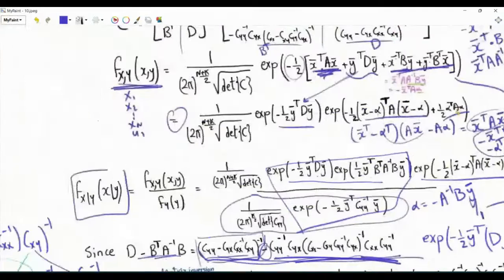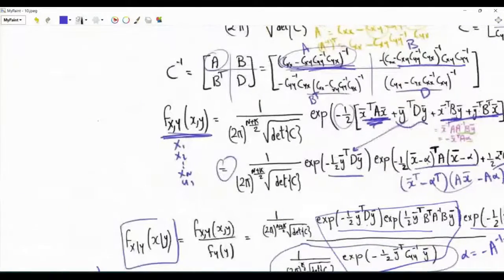So we want the determinant of C. And here we have an expression for C inverse. So the determinant of C is 1 over the determinant of C inverse. That's the relationship between these two guys.